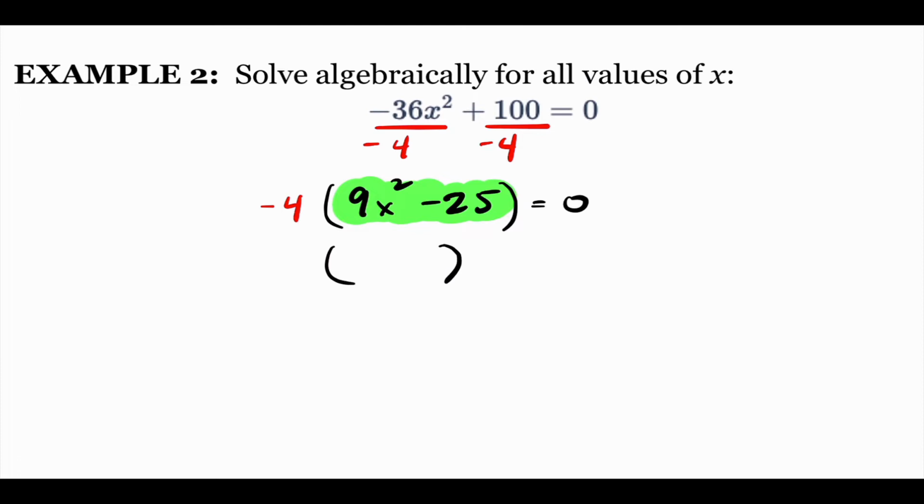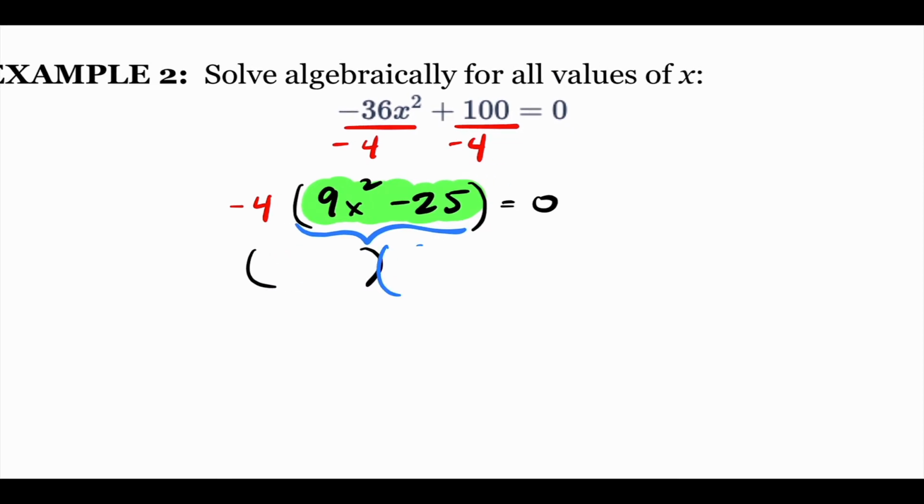So what is this going to factor into? It's going to factor into two things. There you go. 3x plus 5 and 3x minus 5, just like yesterday.